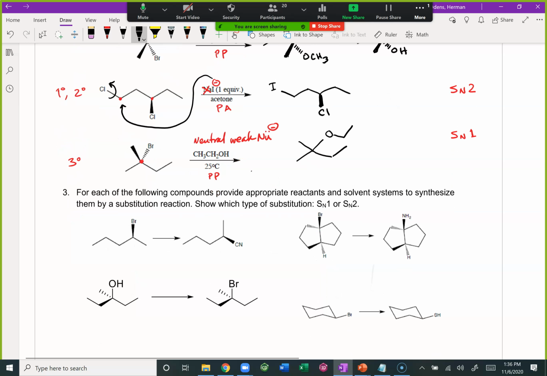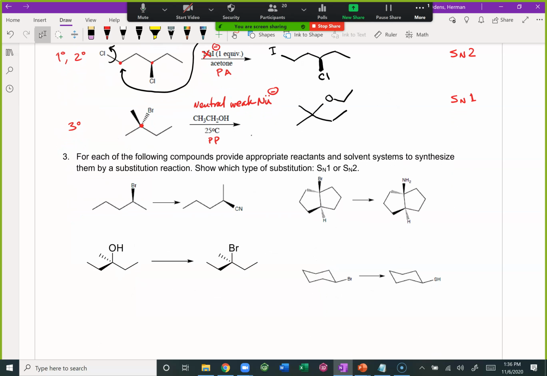All right, let's do number 3. For number 3, I want you to give me now reagents to complete this. Let's start with the first one. What would you use in this situation? Check out what's happening. And also, again, the publisher is trying to trick you. Why didn't they write this like that? That would have been easier.